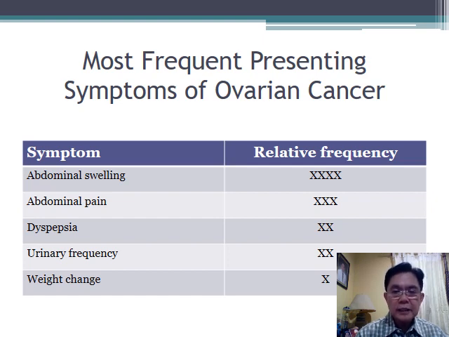Abdominal pain is a late manifestation, but if it is associated with an abdominal mass, then it might also be highly indicative of ovarian cancer. Dyspepsia is a very common manifestation of gastrointestinal pathology. However, it can also be an early sign of impending ovarian cancer.